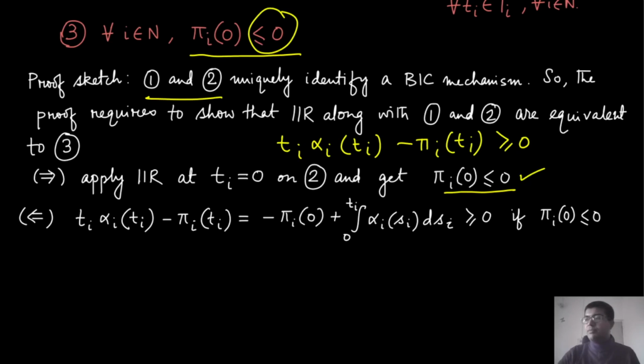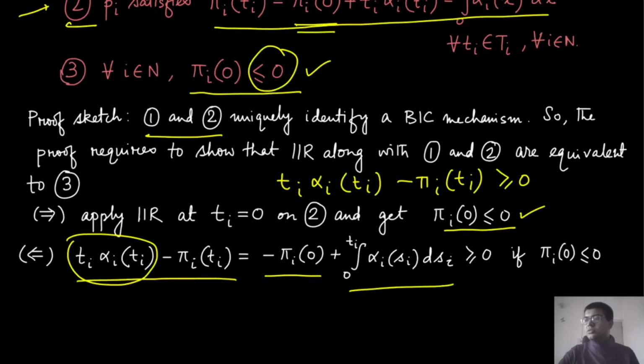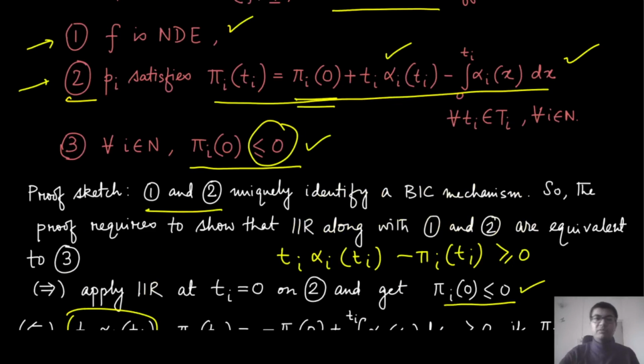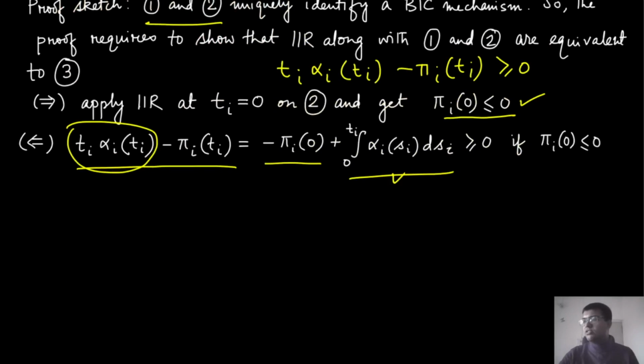Now to show the reverse direction, we are given that this is true. Then we can write the expression for the expected utility of player i, which is going to be minus of pi i 0, plus this expression here, because this term will get cancelled out by a very similar term. This expression is always non-negative, and this quantity, minus of pi i 0, is always non-negative.